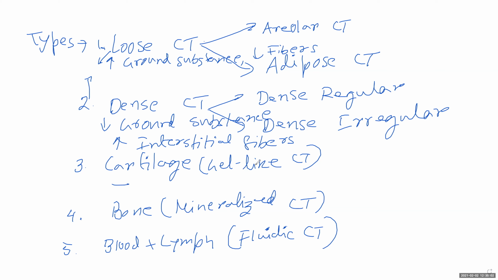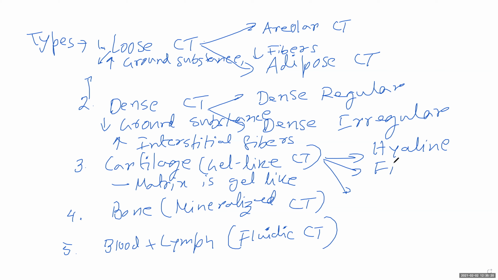Cartilage is gel-like because its matrix is gel-like. There are three types of cartilage: hyaline cartilage, fibrocartilage, and elastic cartilage, out of which we are only studying one sample, hyaline cartilage.